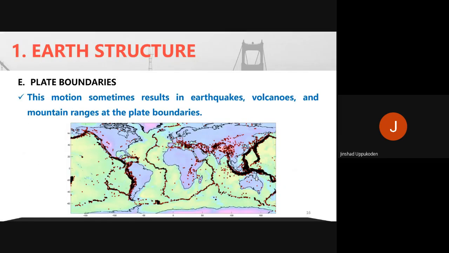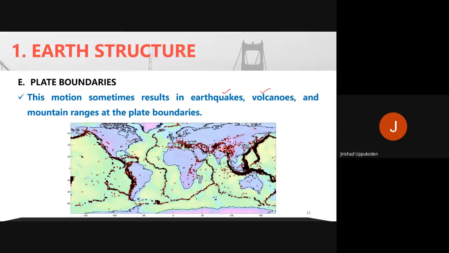So if you look, as I told you, most of the earthquakes, volcanoes, and mountain ranges are near the plate boundaries. How did we get to the plate boundaries? We got the plate boundaries only by observing the earthquakes and volcanoes.